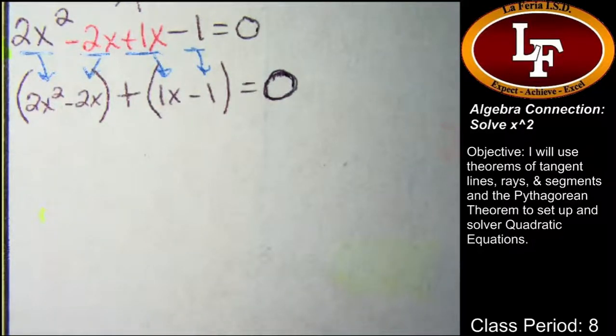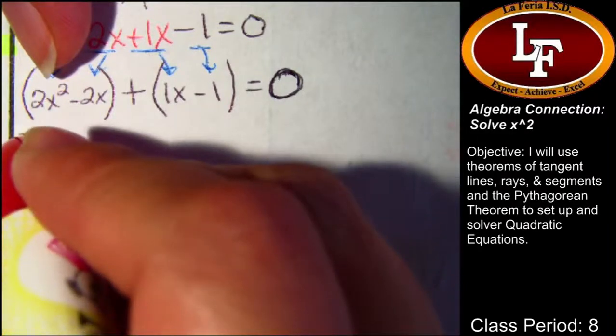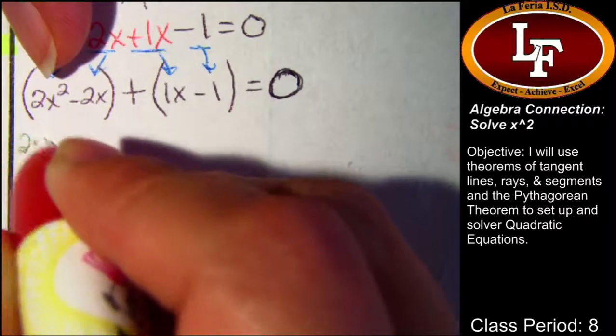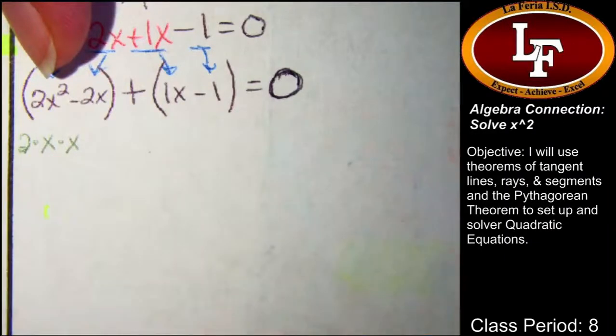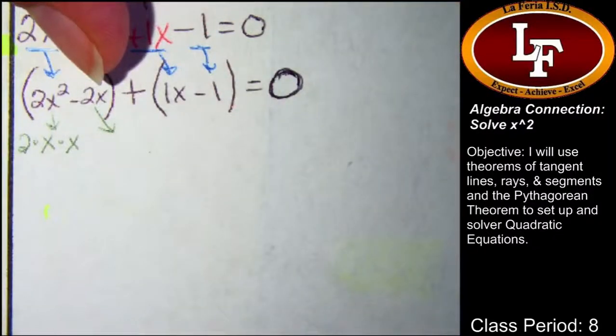The next thing that you have to do at this point is you have to find what numbers you multiply together to give you each of the terms in each group.